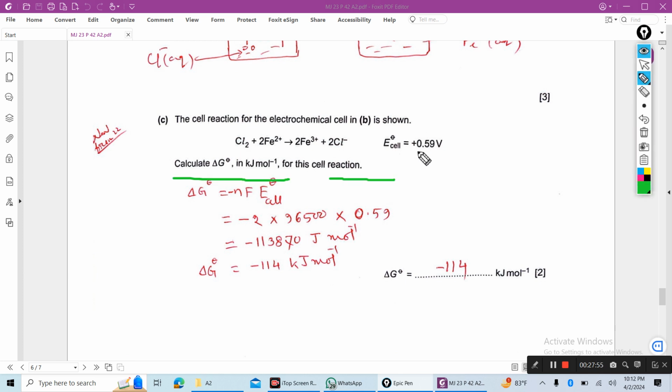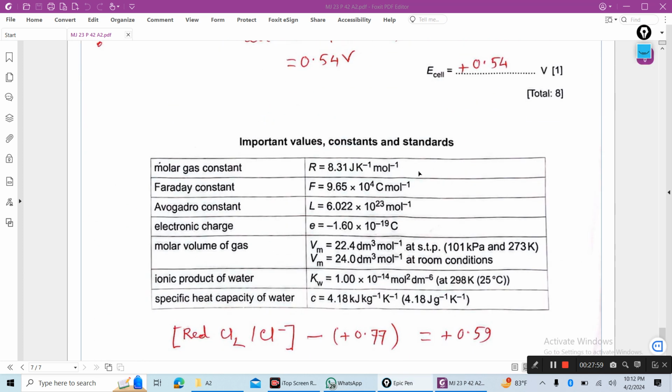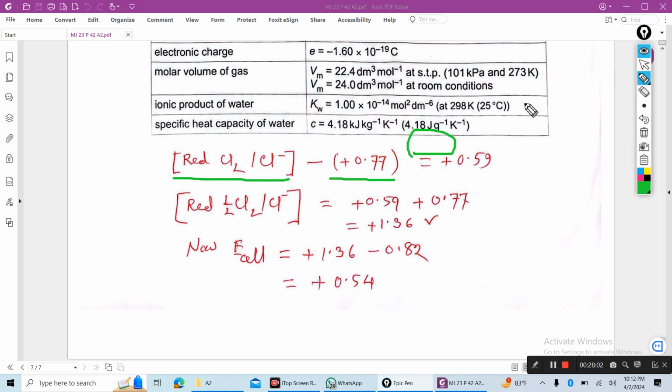Here 0.59. Then the reduction chlorine half cell equals this plus this, you get plus 1.36 volt.